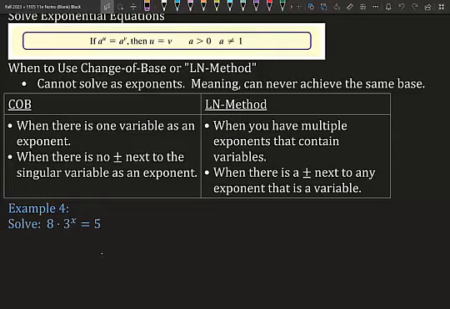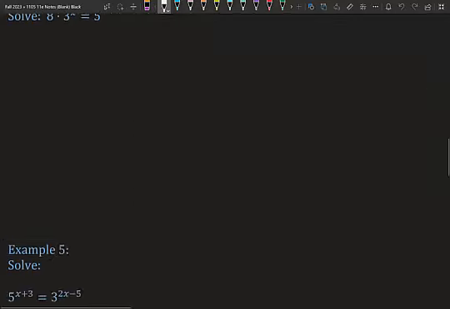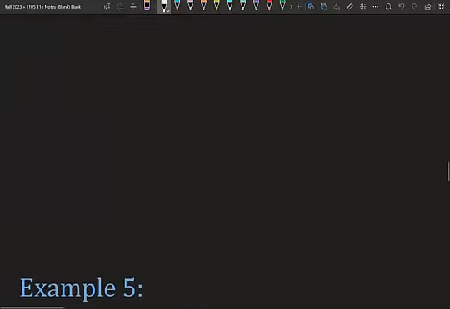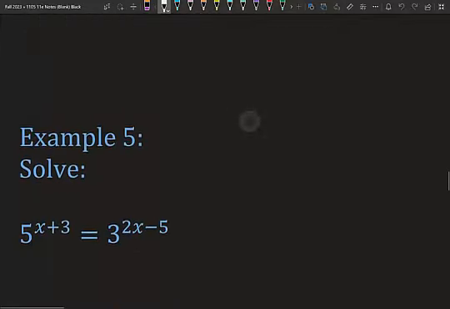Like example 4, we could use change of base there because there's no plus or minus and there's only one exponent. Example 5 has multiple exponents that are variables, and there's pluses and minuses. So example 4, we would use change of base. Example 5, we would use the ln method.